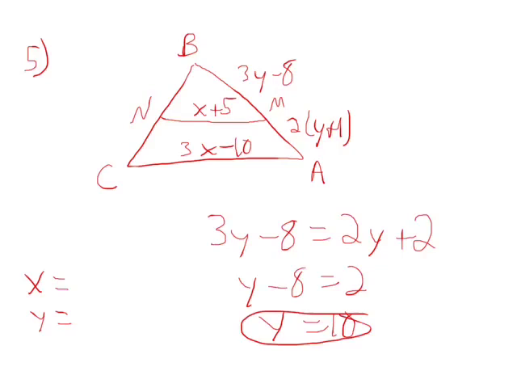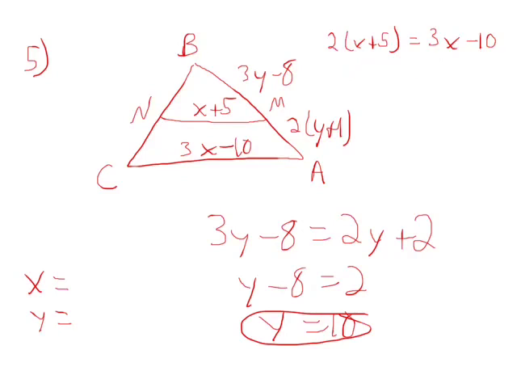To find x, we know that 3x minus 10, which is segment AC, is going to be twice the length of MN. So I take 2 times the length of MN, which is x plus 5, and set that equal to 3x minus 10.